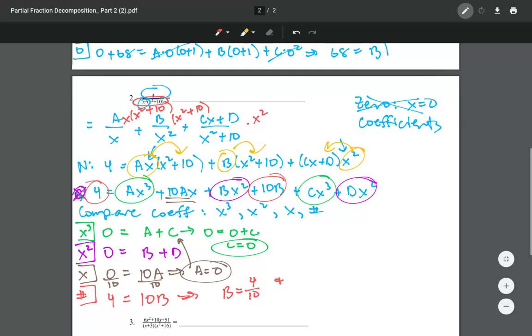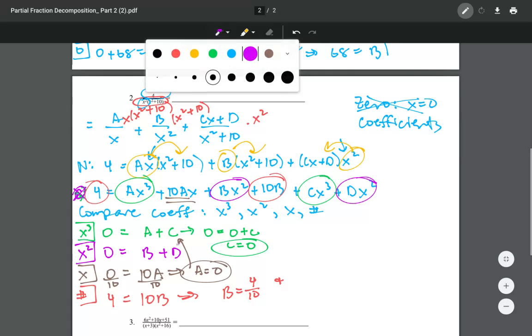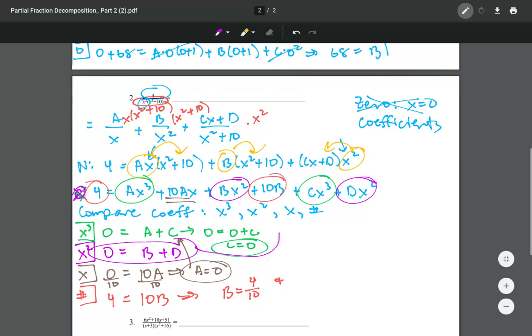And I have d as well. So if I put this in for 0 equals b plus d, 0 equals 4/10 plus d. Oh, this is a plus sign. Negative 4/10 equals d. So I have all of my values.